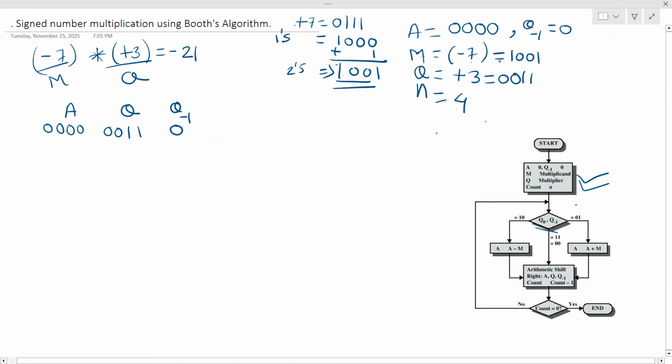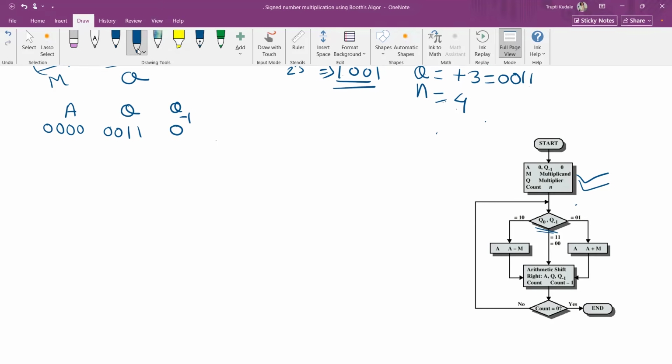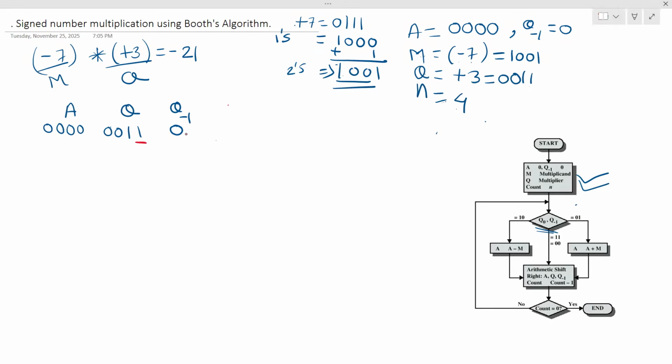First we need to check these two bits, Q0 and Q -1. I will use another color to represent it. This bit is Q0, and the bits are Q0, Q1, Q2, Q3. We just check these two bits, Q0 and Q -1, which are 1, 0.